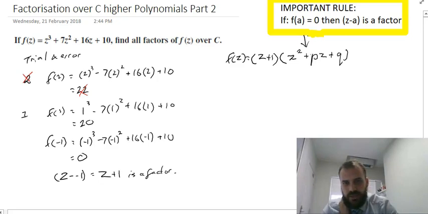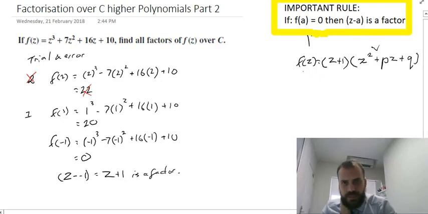And then I need to know what the p value is and what the q value is. So now what I can do is equate what it started out as with what it has now become.